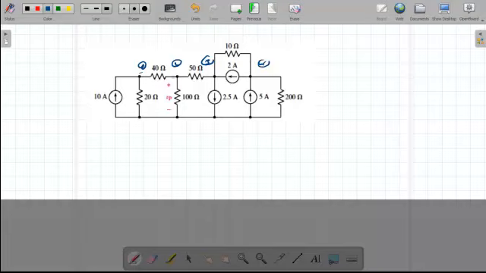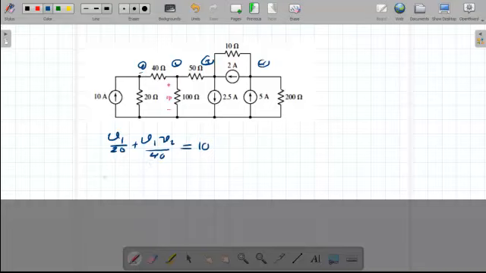So VB becomes V2. So then we just straightforwardly write our KCL equations. V1 over 20 plus V1 minus V2 over 40 will equal 10. This is my first equation.